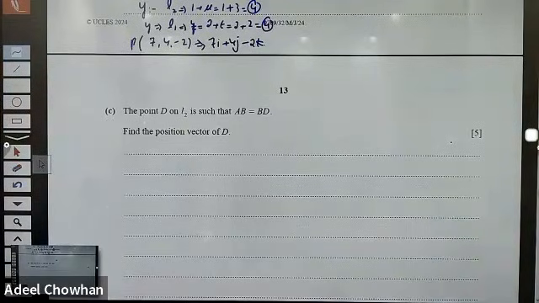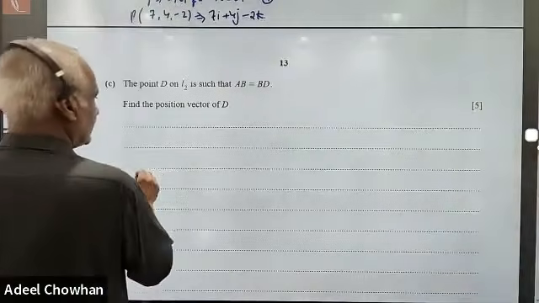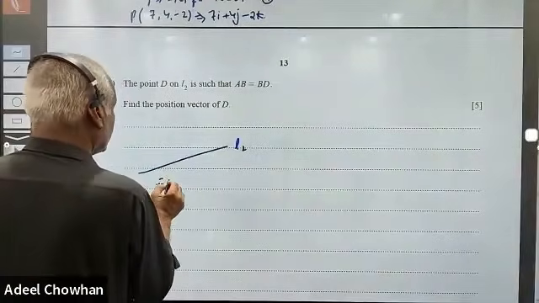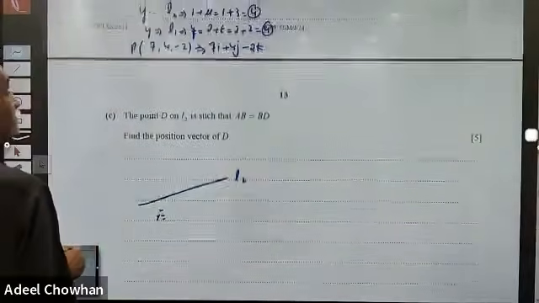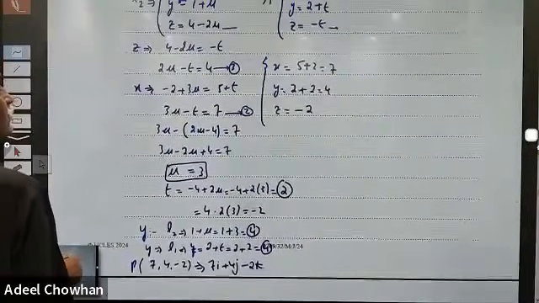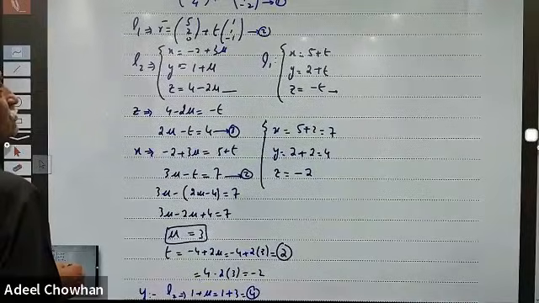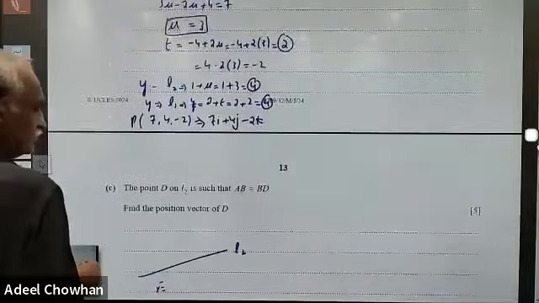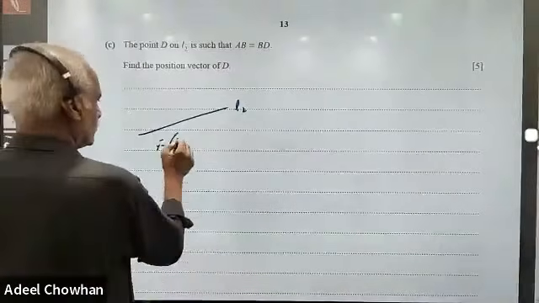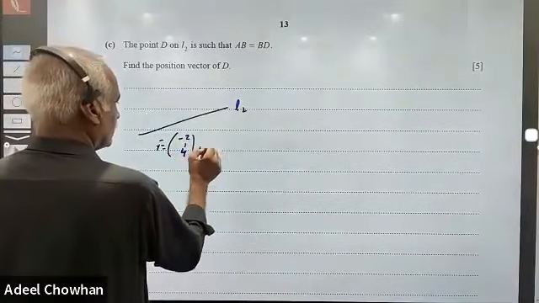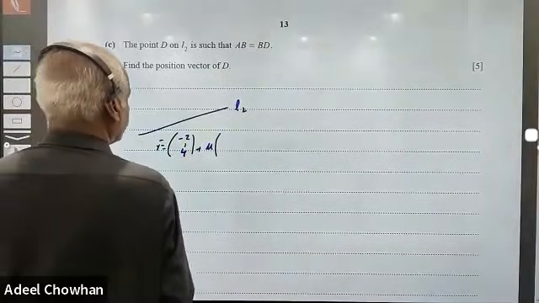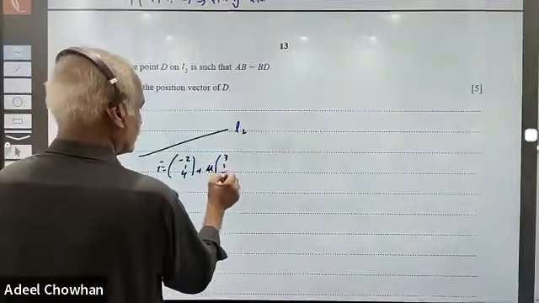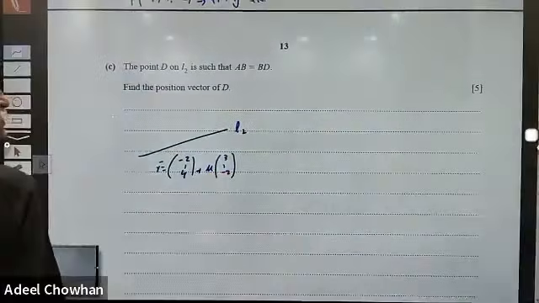Find the position vector of D. Since this line is L2, whose equation is given there as minus 2, 1, 4 plus mu times the direction vector, and D is on L2.